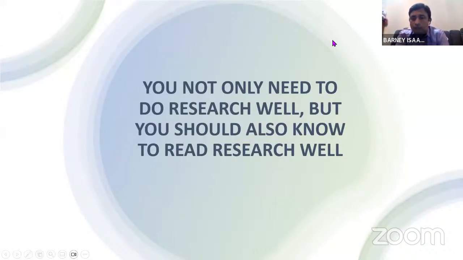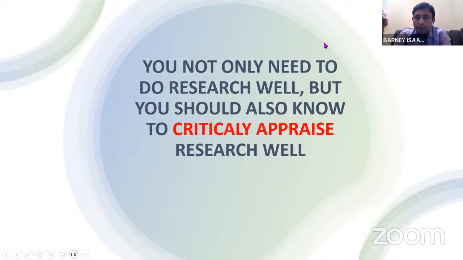We not only need to do research well, but we should also know how to read research well, if I put it along the title that has been given to me. But I want to go one step further and say that we need to critically appraise the research.